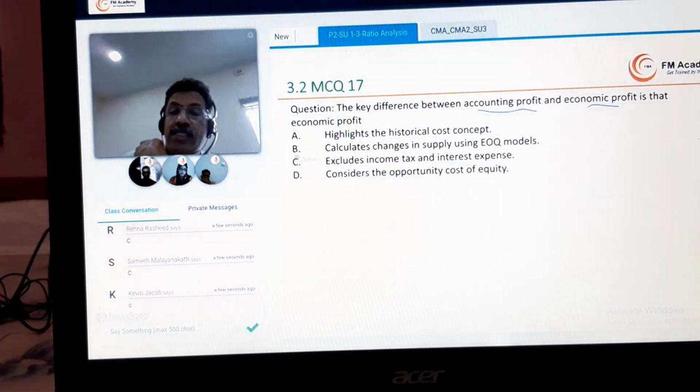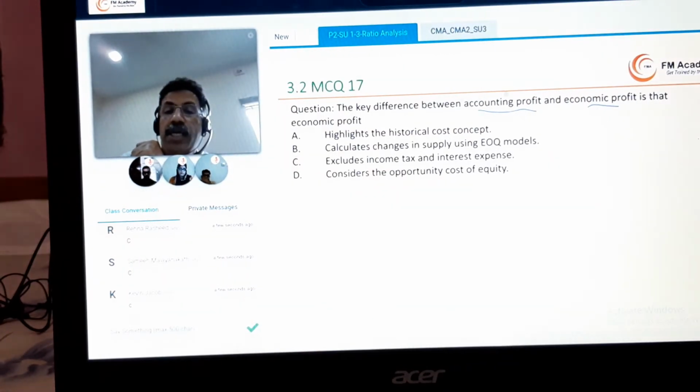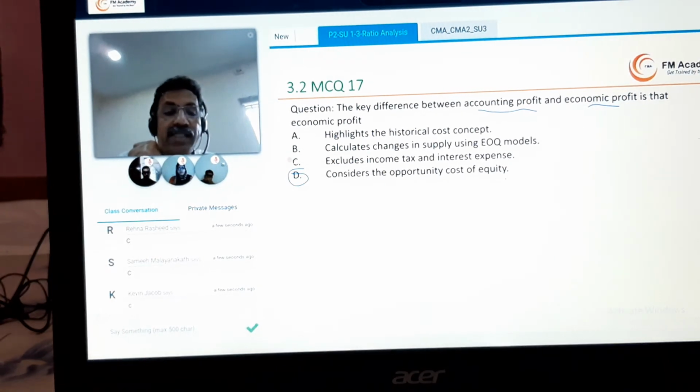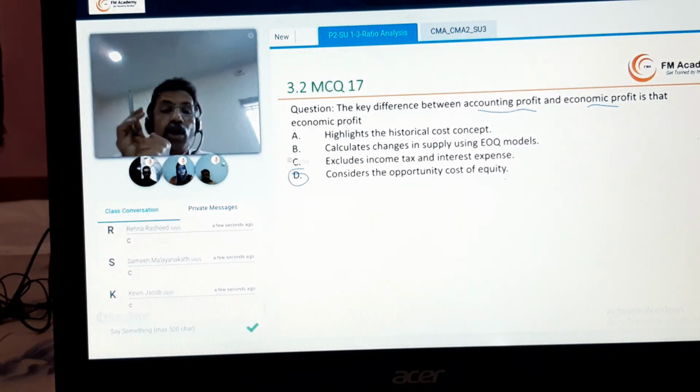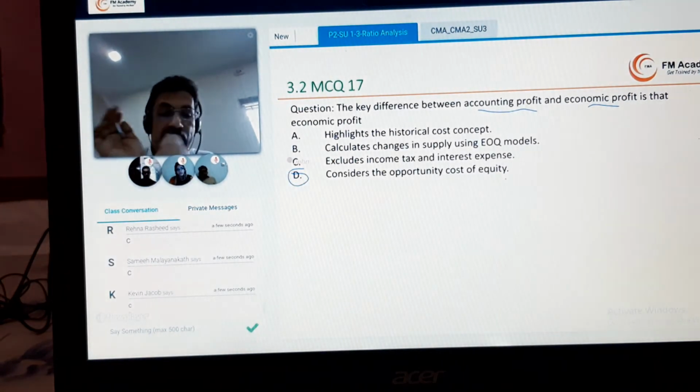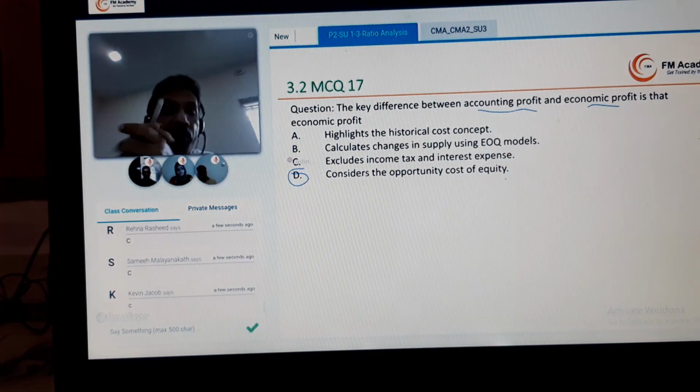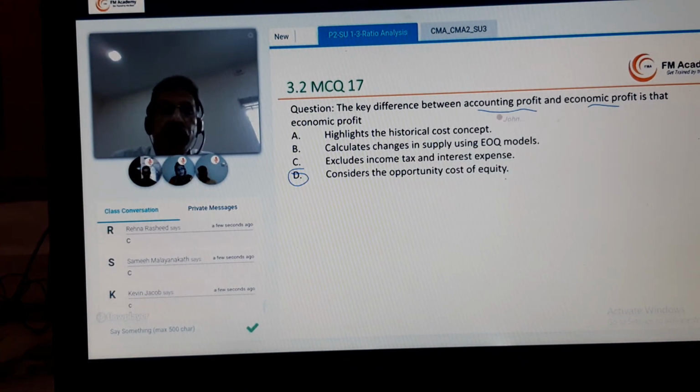The accounting profit ignores the opportunity cost of capital because dividend is not an allowable expense. Highlight the historical cost concept.